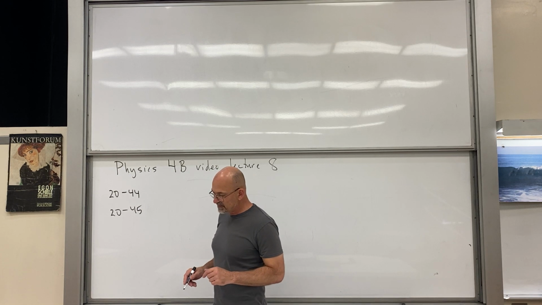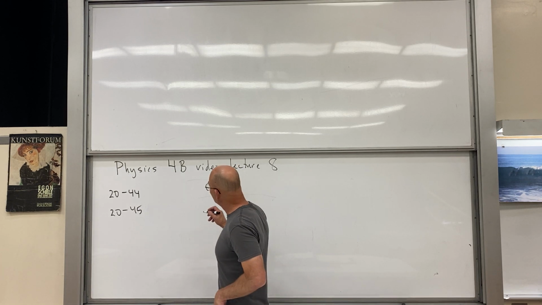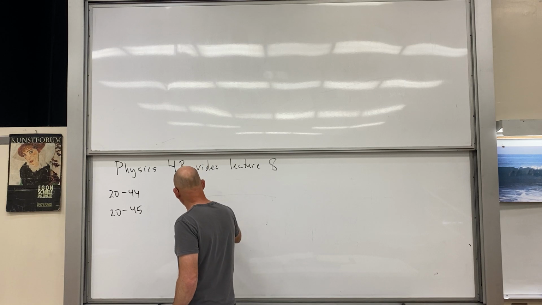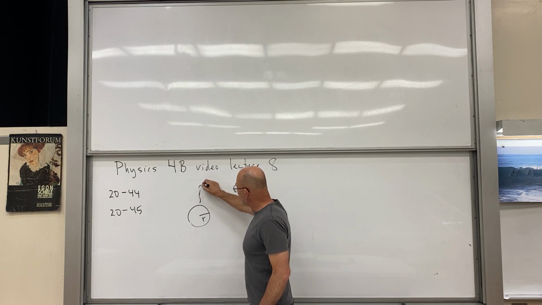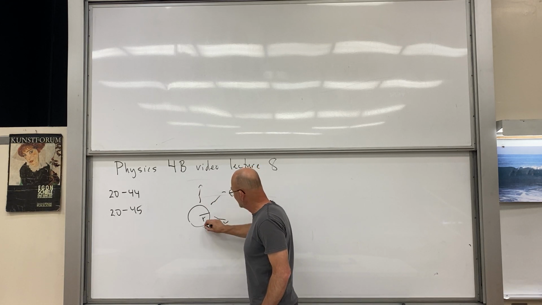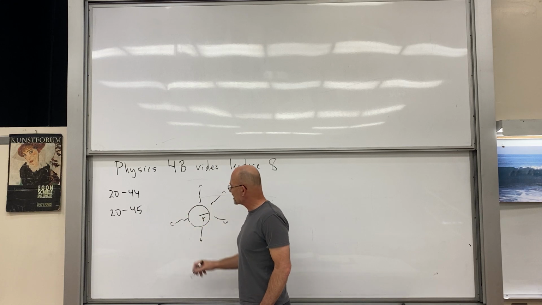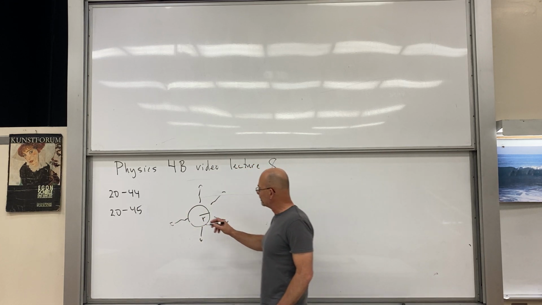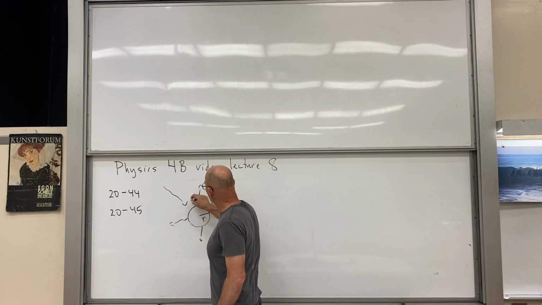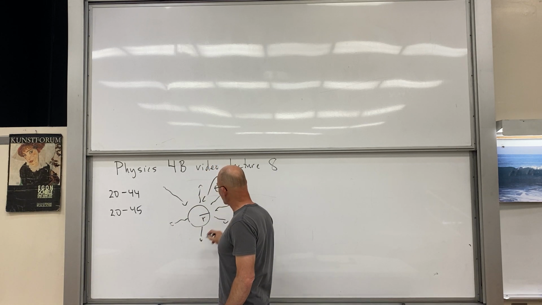So we have on problem 44 some object here of radius r made of copper, and it's radiating, but actually it's absorbing more than it's radiating because it's placed in an environment that has a higher temperature.